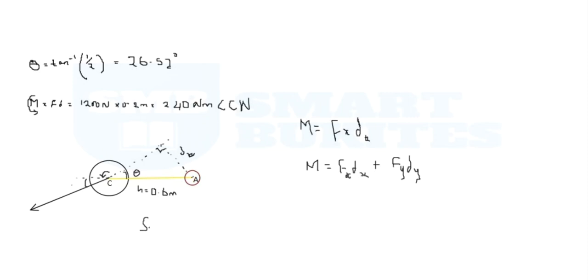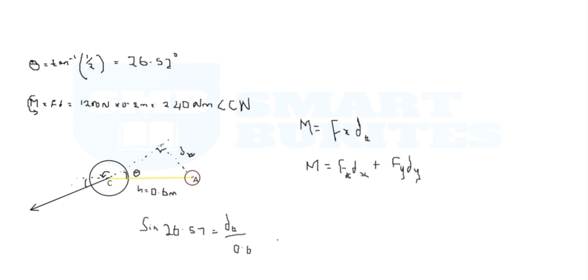We can say sine 26.57 is equal to D perpendicular over 0.6.